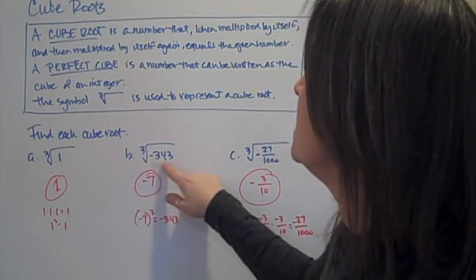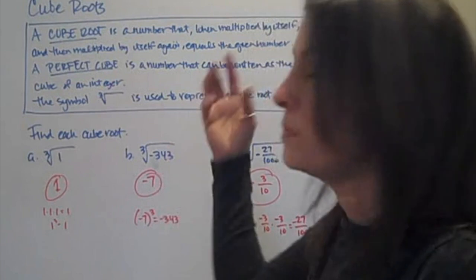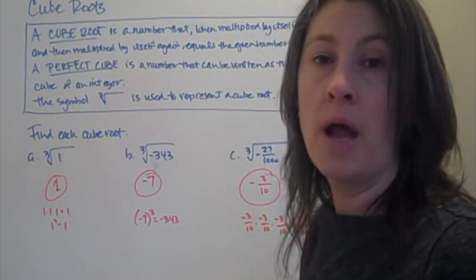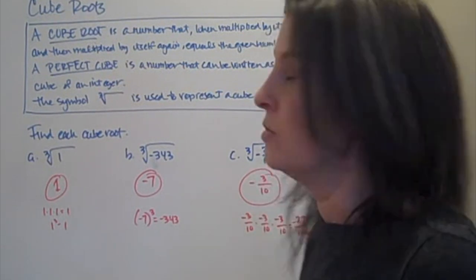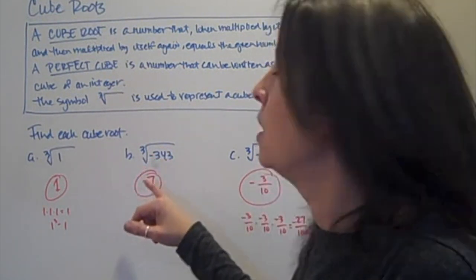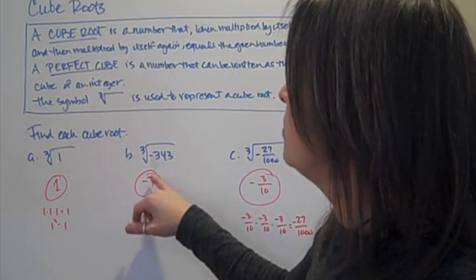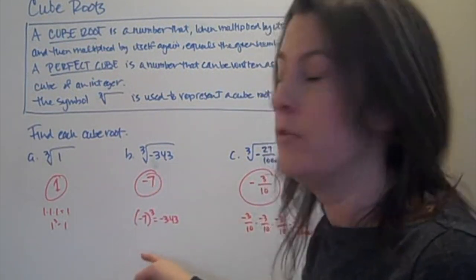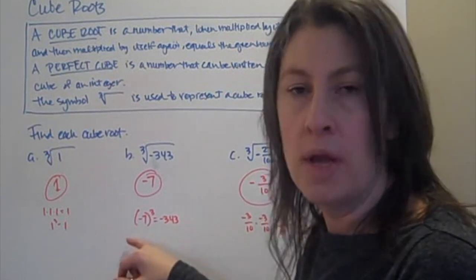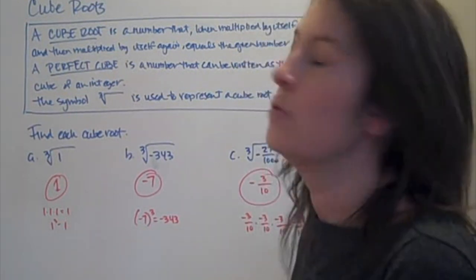So this one's the cube root of negative 343. I'm going to grab my calculator and we'll talk about how to use your cube root button on your key. You can actually use that to find lots of different roots. We'll use our cube root button to find it, and we find that it's negative 7, because negative 7 times itself gives me negative 343. So negative 7 cubed is negative 343.